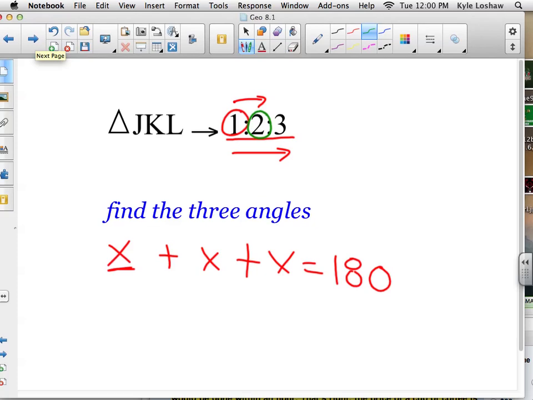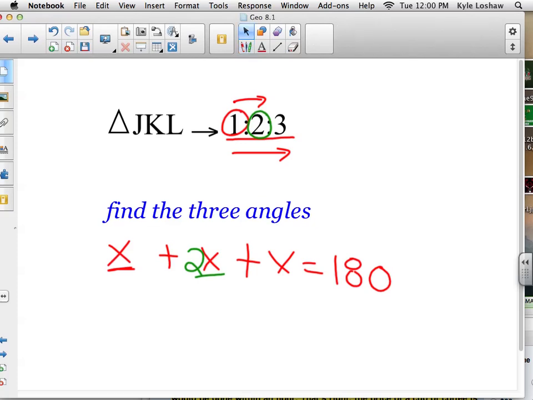That means our second angle would have to be twice as big as our first angle. Right now all we have is this solo x. If it's got to be twice as big as our original x, what number should we put out front of this second x? Oh, good, well said. That would have to be 2x.